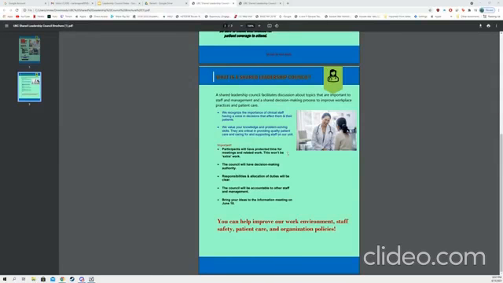Participants will have protected time for meetings and related work. This won't be extra work. The council will have decision-making authority. Responsibilities and allocation of duties will be clear. The council will be accountable to other staff and management, and bringing your ideas to the information meeting on June 18th, you can help improve our work environment, staff safety, patient care, and organization policies.